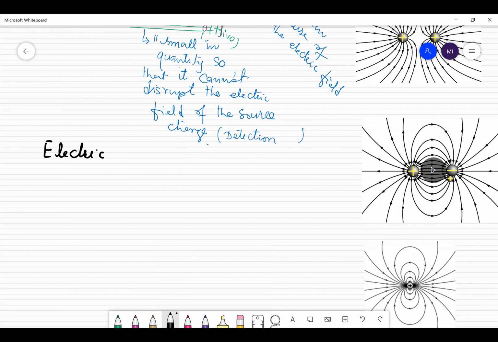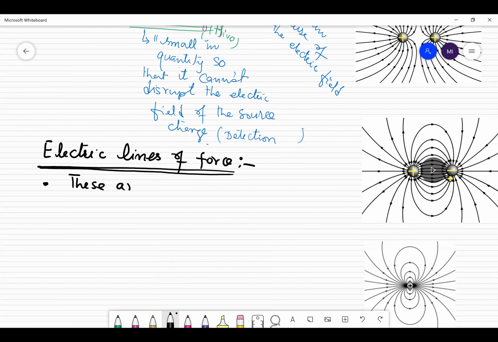Electric lines of force, these are in fact the imaginary lines, because we cannot see them.